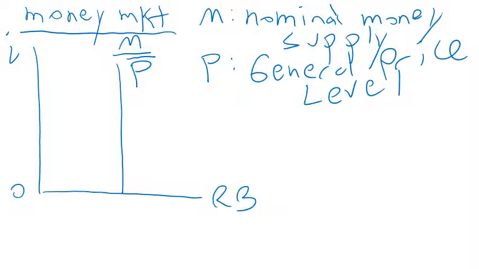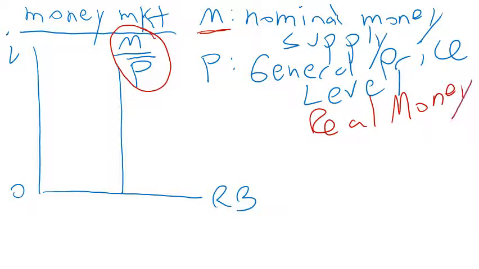But initially, P is predetermined, which means that it is constant. Now, let me switch colors. So M is the nominal money supply. M over P is the real money supply. All right.